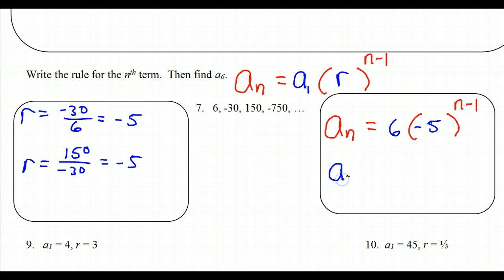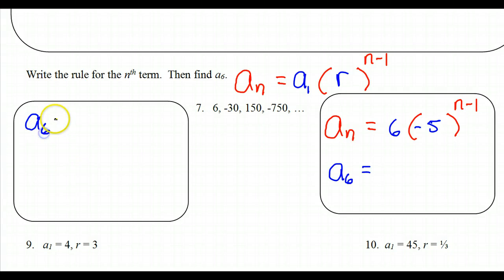Now all we need to do is find the 6th term. This time I'm going to go ahead and just go straight to the calculator. Shall I? No, I'll do it both ways once again. So the 6th term, a6, should be, here's my rule, 6 times -5.